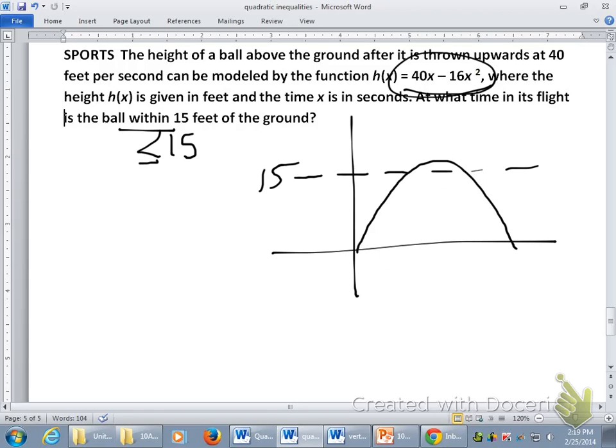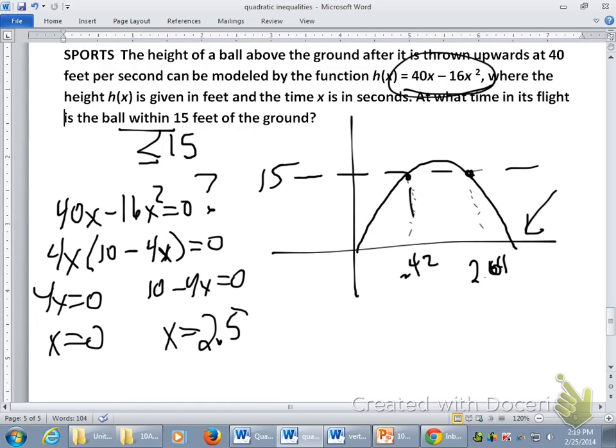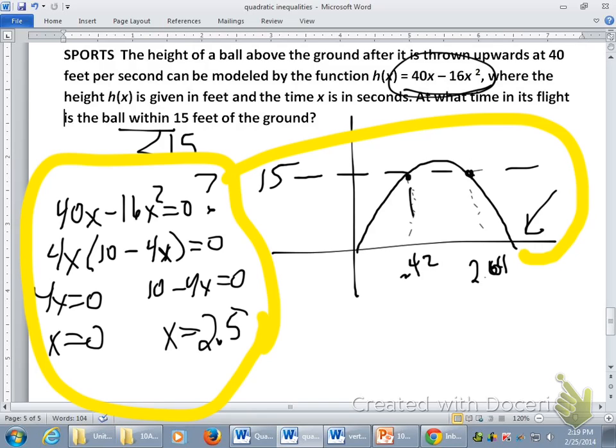We know this happens right here. We found the intersection of that, and we said it was 0.42 seconds, right? We found the other intersection here, and it was 2.04 seconds, right? And then when does it hit the ground? All right. So any way you choose to solve it is fine, but that would tell you that that point right there is 2.5. So talk to me about when is the ball less than 15 feet?